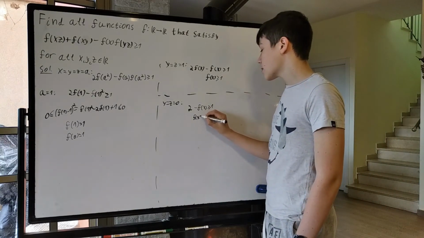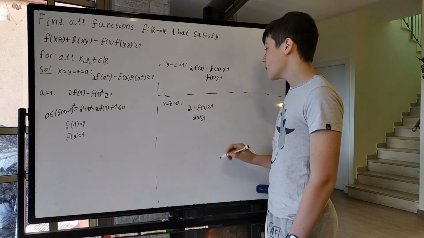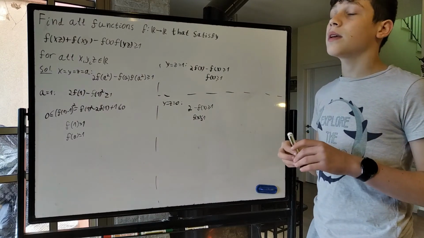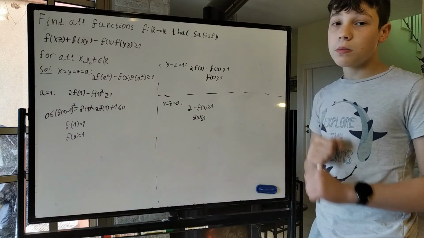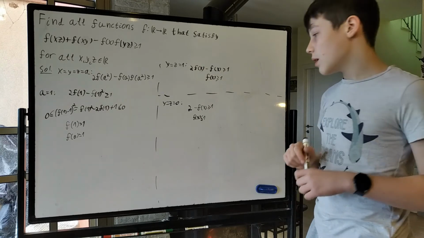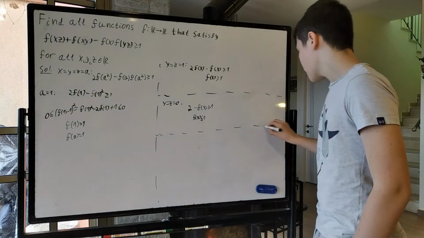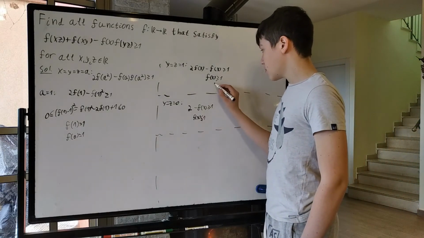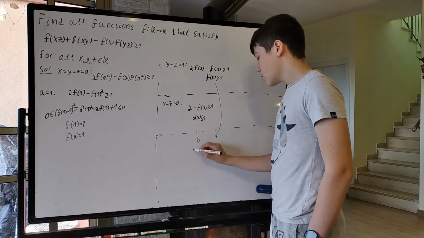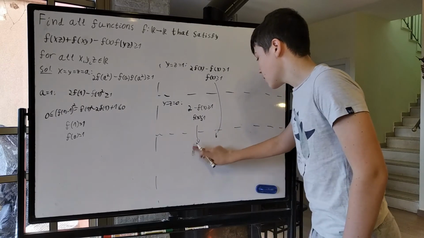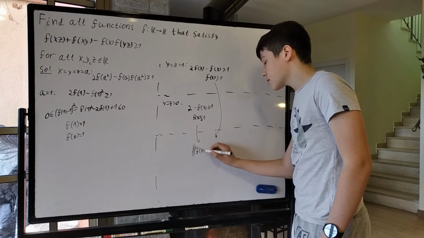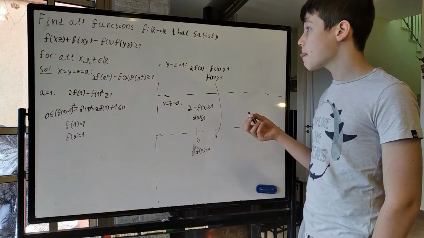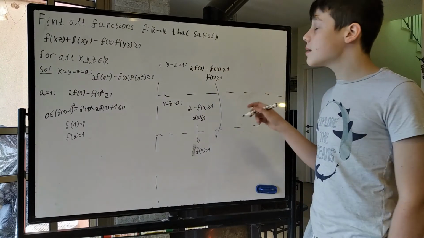Now, f of x smaller than or equal to 1, meaning, what is the number that is both bigger than or equal to 1 and smaller than or equal to 1? Only and only 1. And so what we get, just from these two, is that f of x is equal to 1 for all real numbers x, because we set x to be free in both of these.